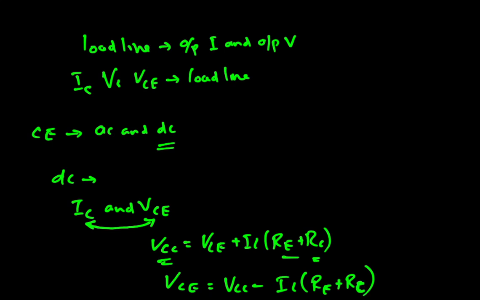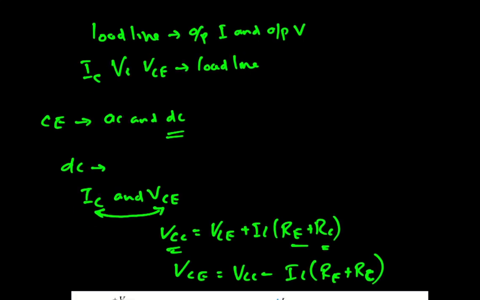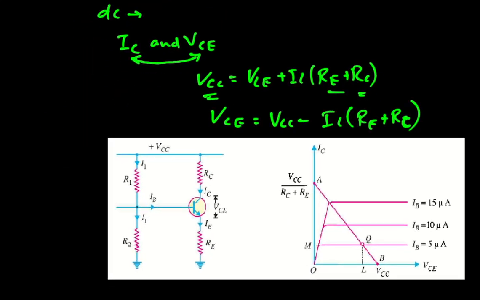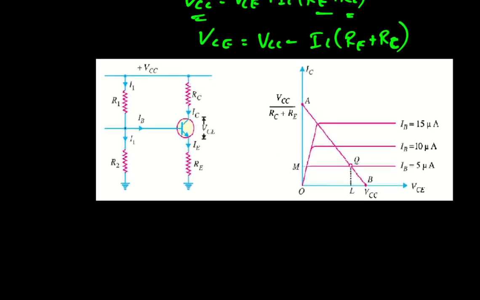We have already discussed that since VCC and RC plus RE are constants, VCE and IC can be represented on a straight line because their relation is linear. This straight line is called the DC load line, and this diagram represents the DC load line of the common emitter transistor amplifier.